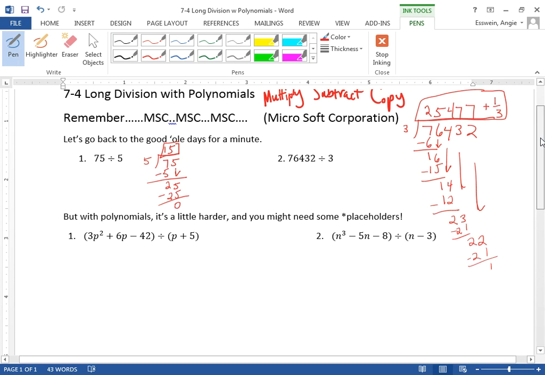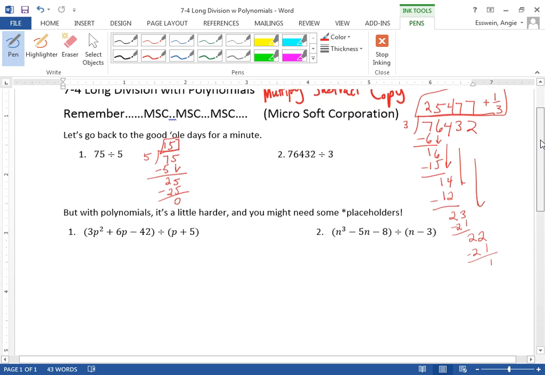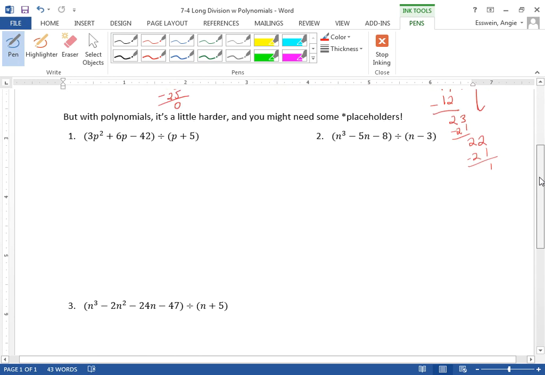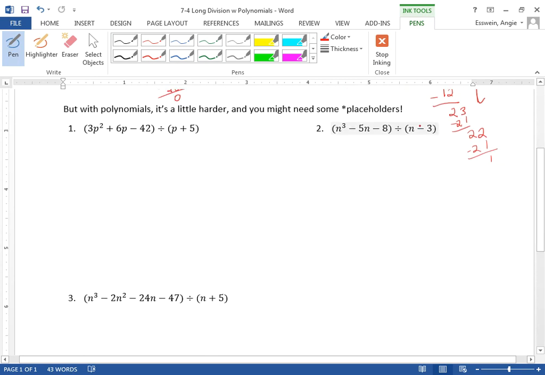So now we have 3 examples. I'm going to do the first 2, and then you're going to do the third one to show that you're ready. Actually, I might do all 3. So p plus 5 goes into 3p squared. If you see me do anything wrong, feel free to let me know, because it's easy to miss things.